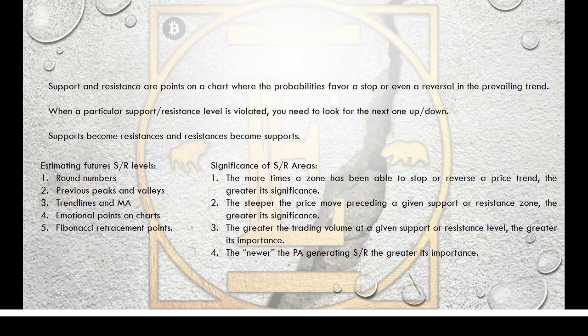The next one is the significance of a support and resistance area. This is whether the support is very big, or whether it is a weak support or weak resistance. So the more times a zone has been able to stop or reverse a price trend, the greater its significance.